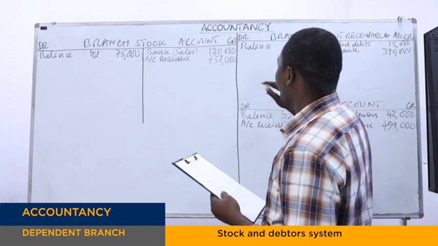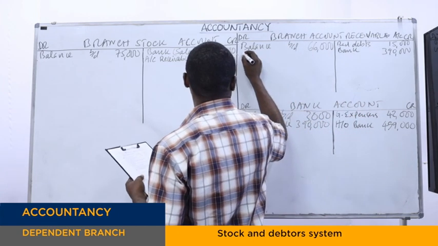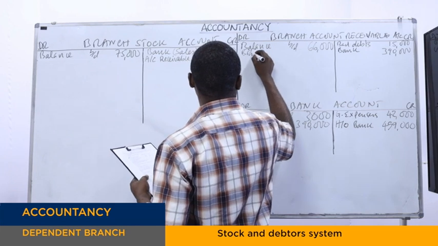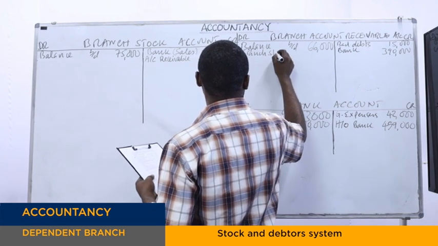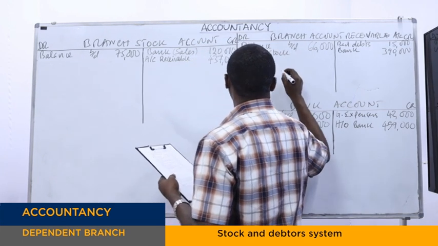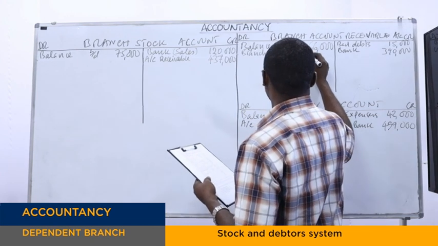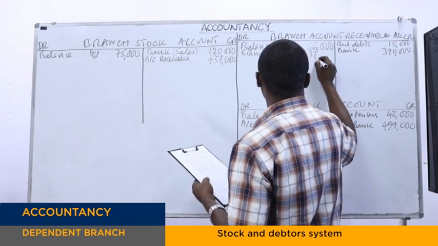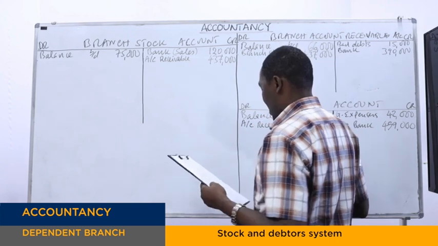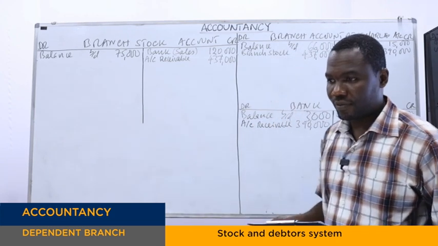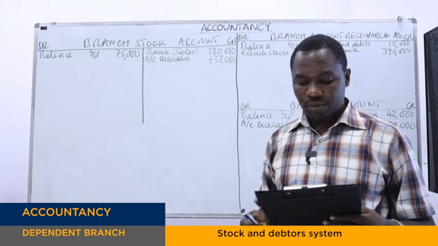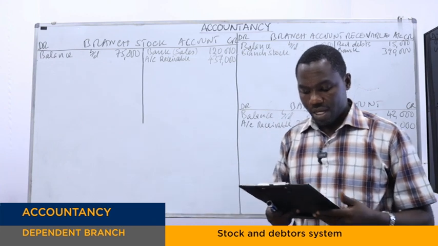So we'll increase the balance of account receivable from branch stock. That is 437,000. Okay. Let's move on.